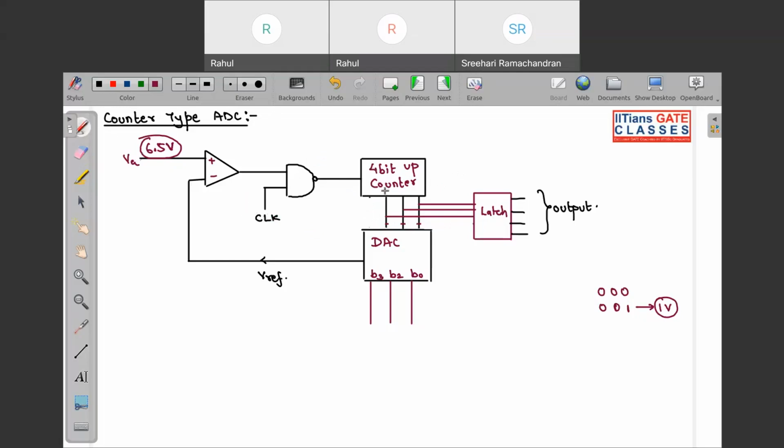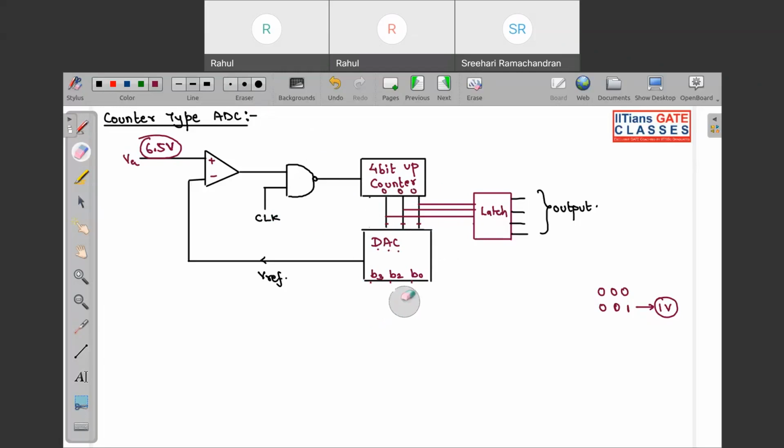Initially all the counters are reset to 0. So if this is 000, what will happen? This is your digital to analog converter.